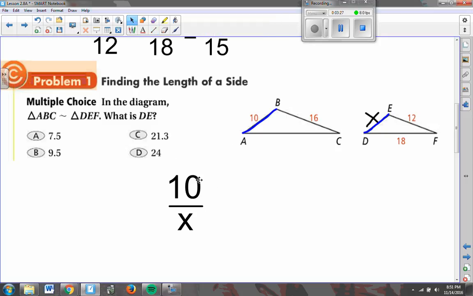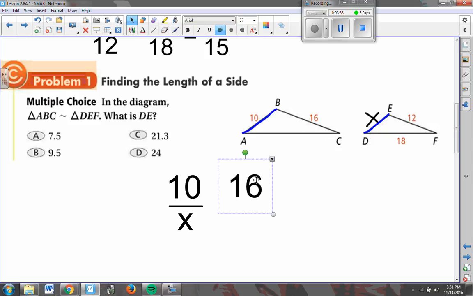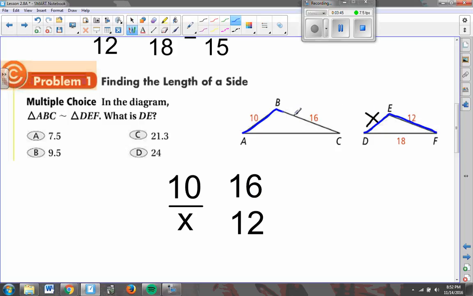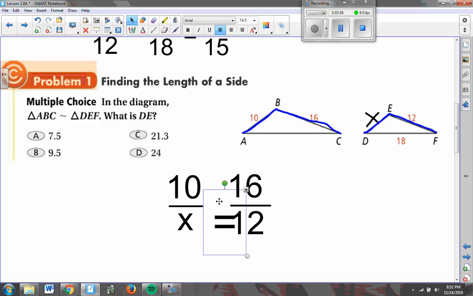The other side length that I know in this bigger triangle is a 16, and the corresponding side in the smaller triangle is 12. So I've set up this proportion: 10 over x equals 16 over 12.